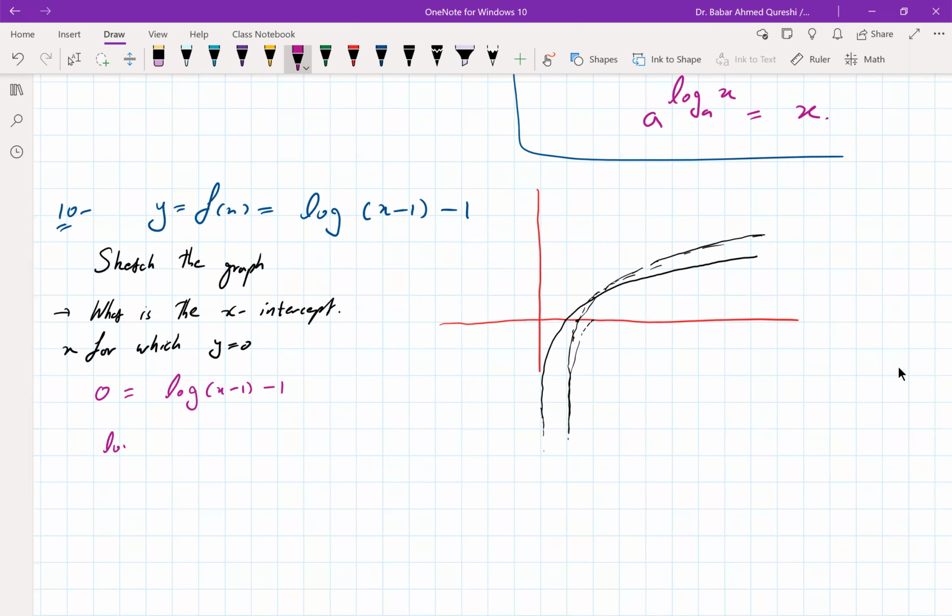So this gives you, you want to solve for x. So you just raise both sides to the power of e. And you can do that because you know that exponential is a one-to-one function. So e raised to the power 1 is e. On this side, you get x minus 1.